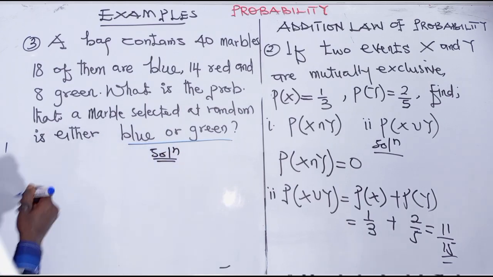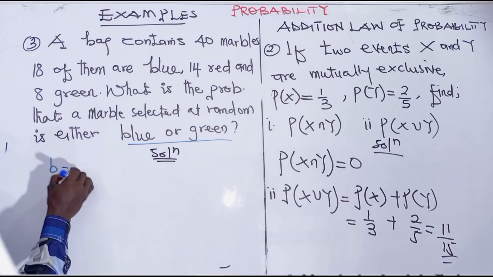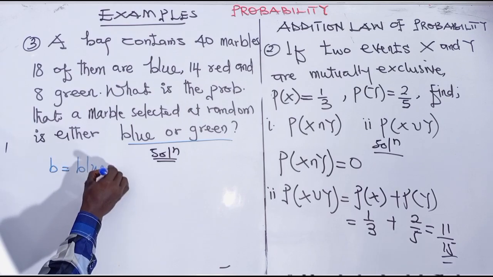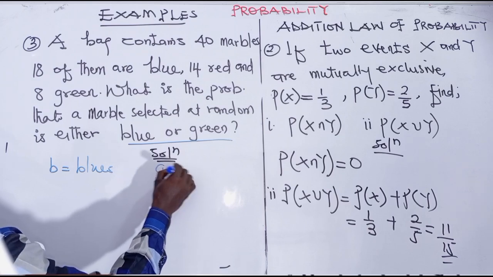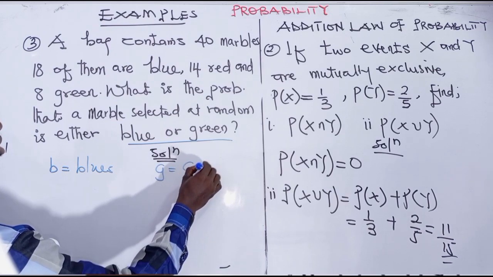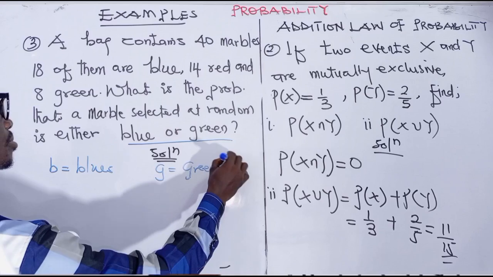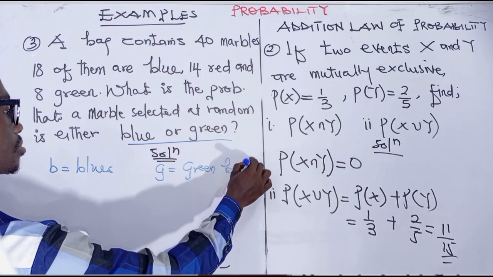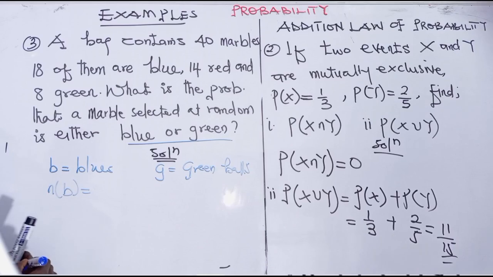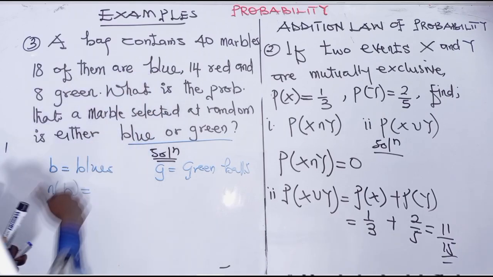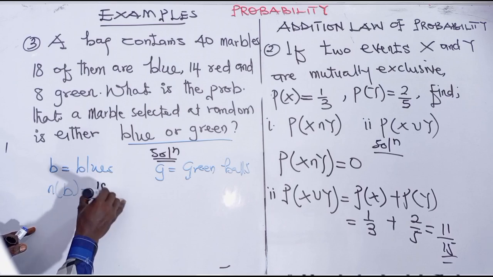So let's use B to stand for blue balls, and then G to stand for green balls. Number of blue balls: how many do we have? We have 18 of them blue, so we have 18.